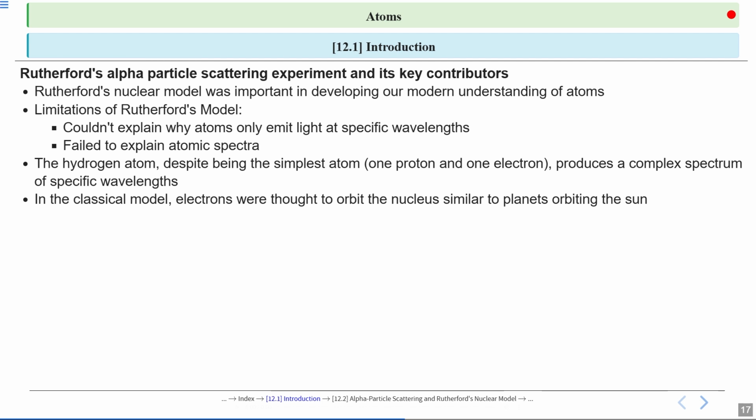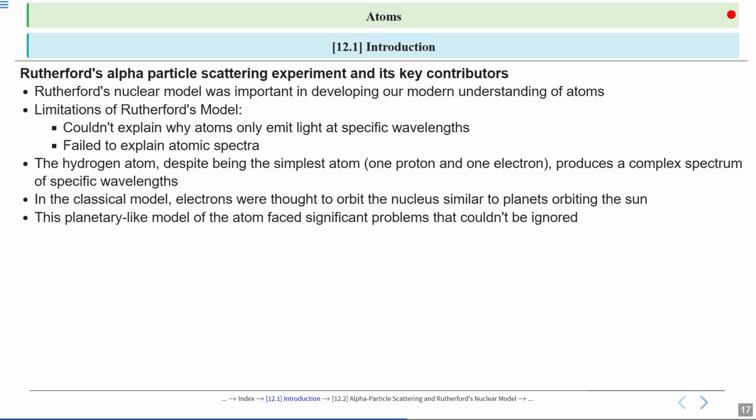In the classical model, people thought electrons orbited the nucleus like planets orbit the sun. This seems logical at first, but it leads to problems. For example, according to classical physics, the electron should spiral into the nucleus, which doesn't happen.